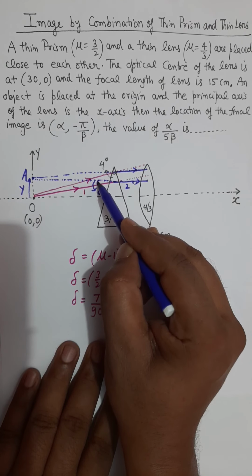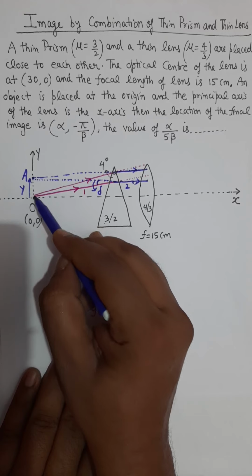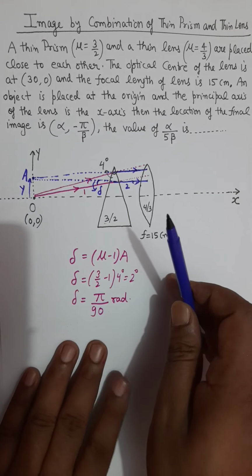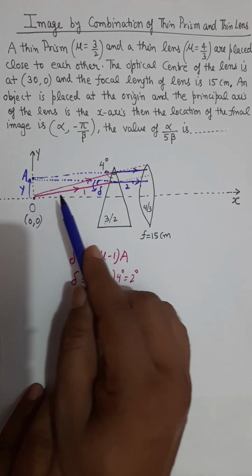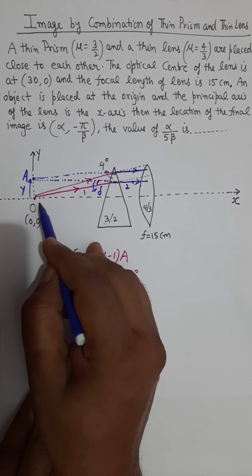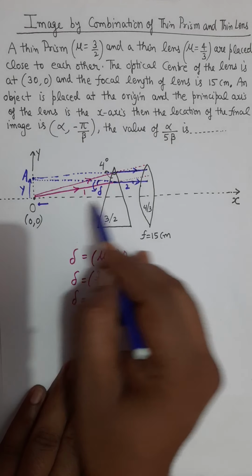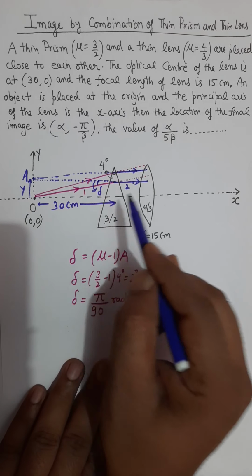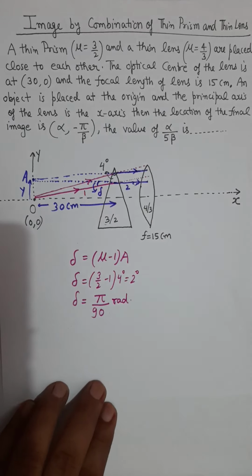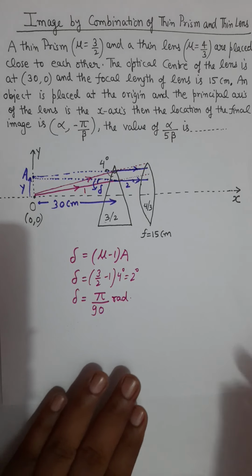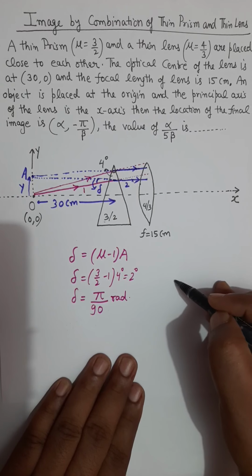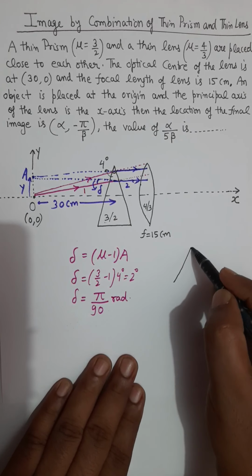And if this delta is 2-degree, then this y height can be obtained by a simple geometry. This length is 30 centimeter as given in this question. So let me draw a figure for you where I will show how to calculate the value of y.